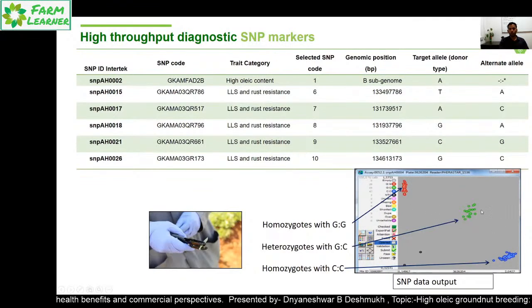That's our molecular profiling for a SNP band. If we look, homozygous GG means it is the susceptible type, CC is the resistant type, and these are the hybrids, that is heterozygotes GC. That's how we used it for confirmation of the target alleles in our breeding population.